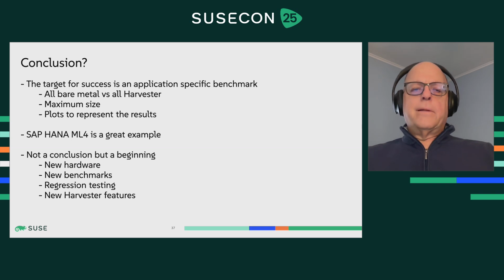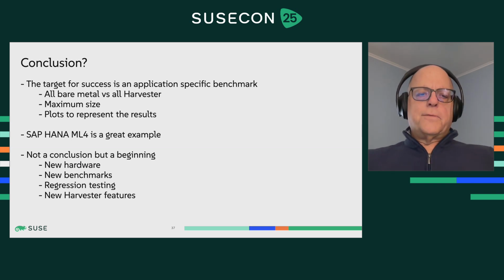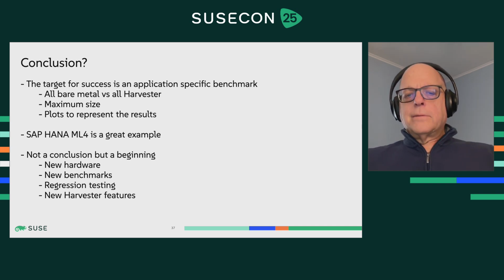So our target, based on everything you've seen so far, is to run an application-specific benchmark, for example SAP HANA ML4, and configure one all bare metal, like we saw with the 16-socket 32 terabyte, and create one all Harvester.